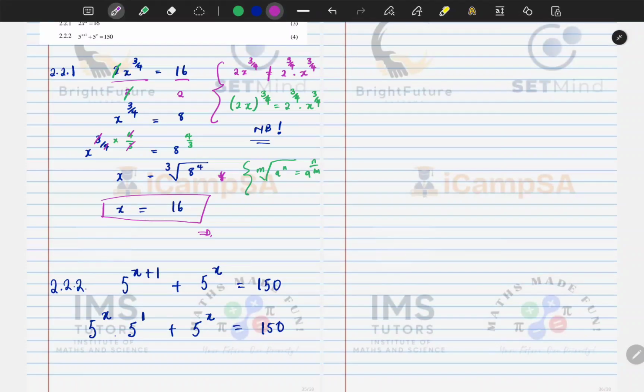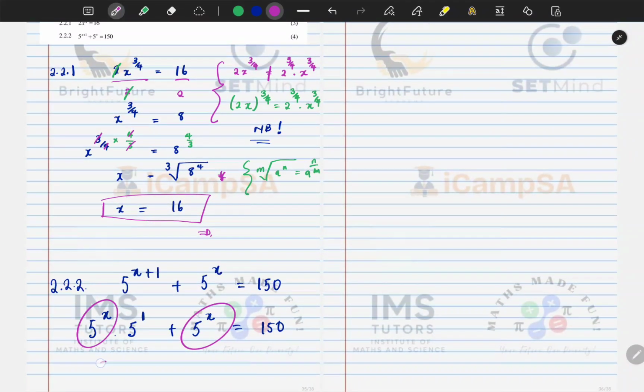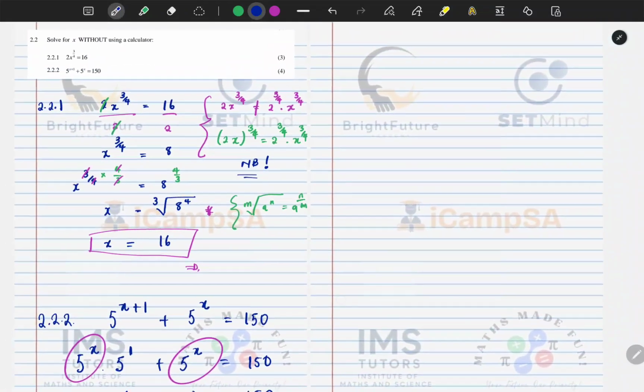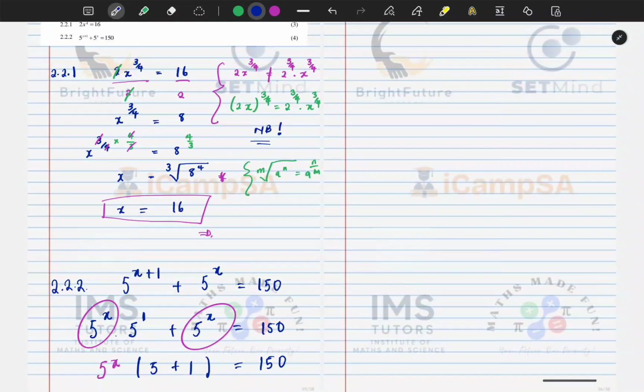Now I can take out 5 to the x, which is a common factor, and have 5 to the x times (5 plus 1) equals 150. Great.